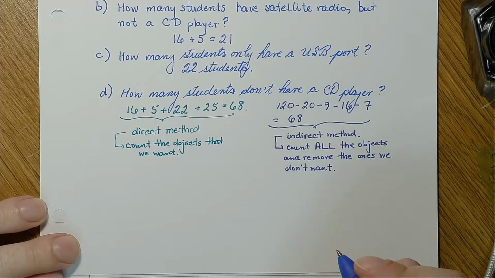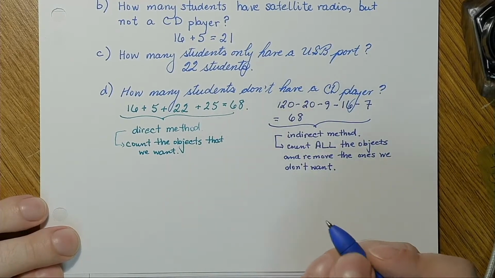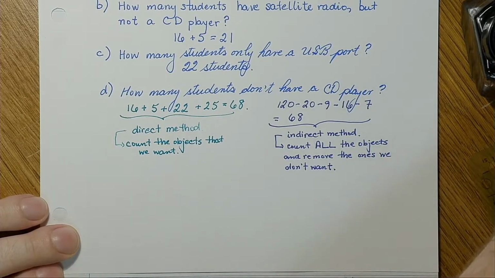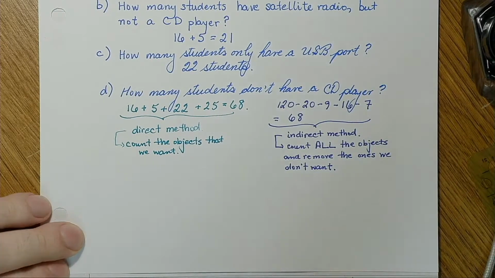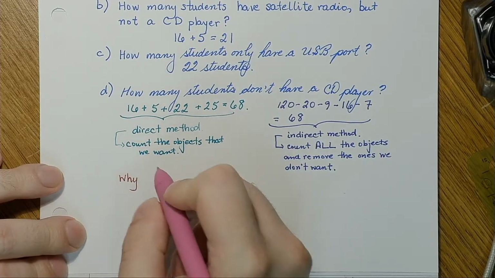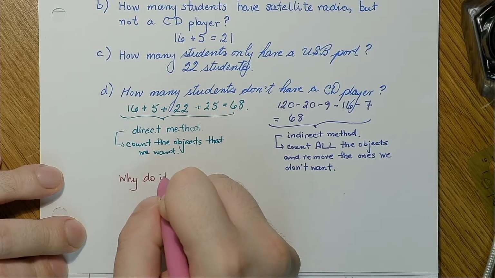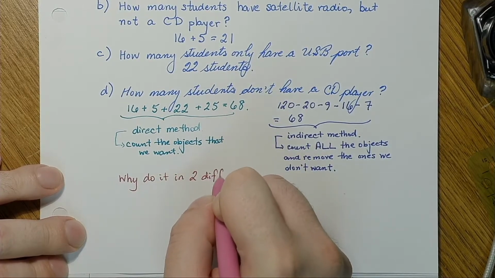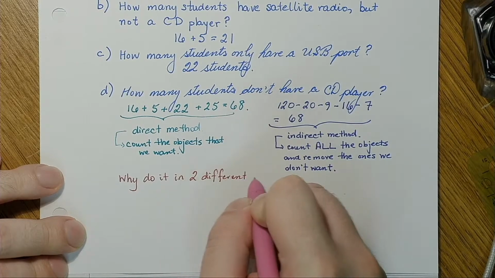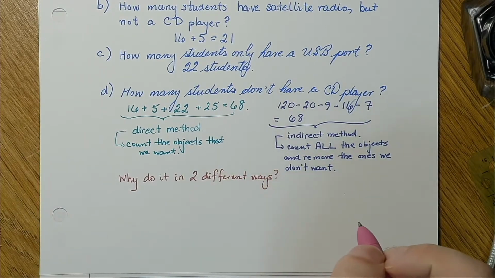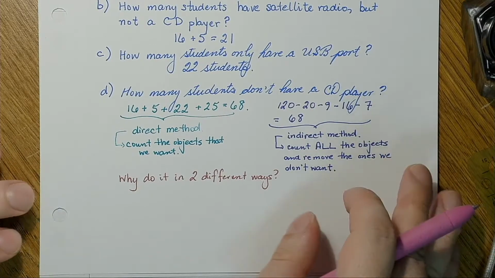Why is this also important? Let me just kind of be a little philosophical at the moment. Why do it in two different ways? Can anyone think of why I would want to do it in two different ways?